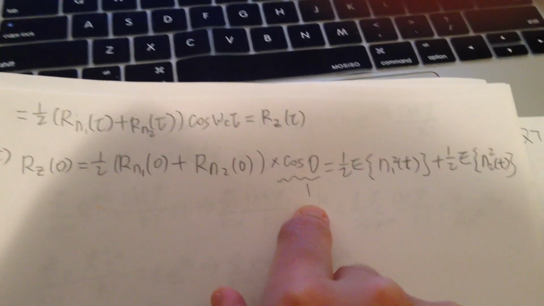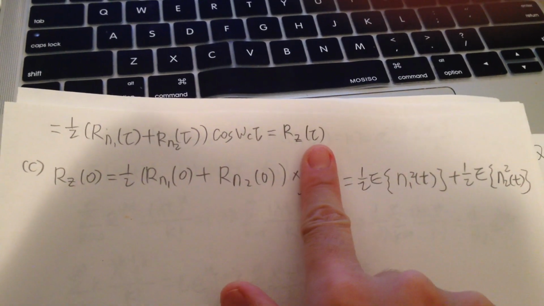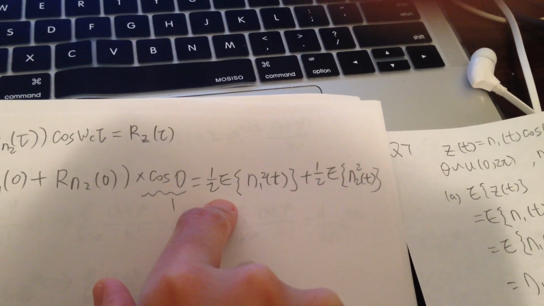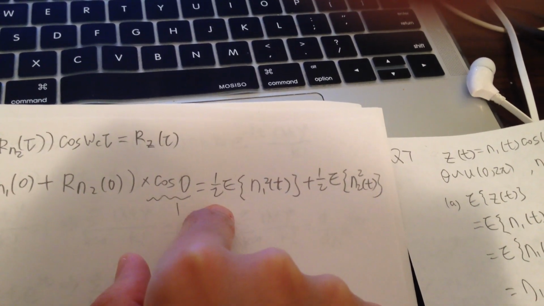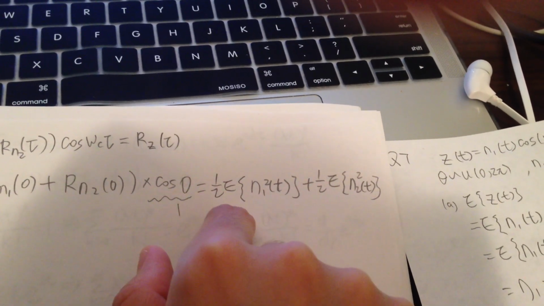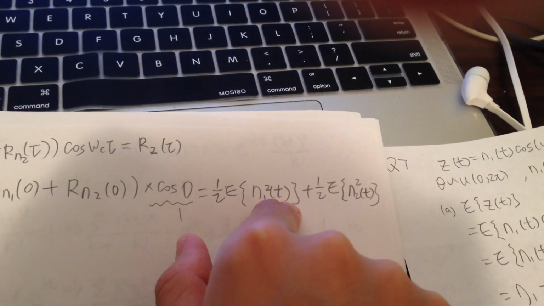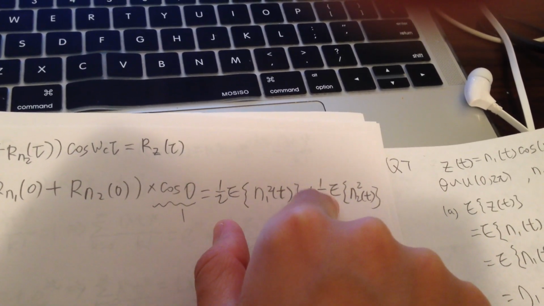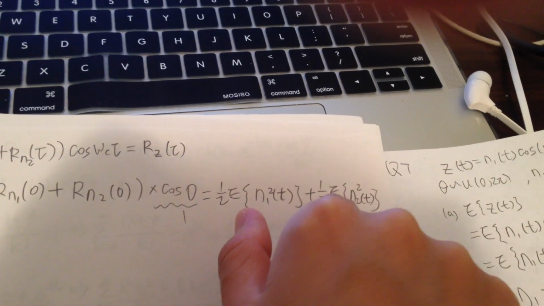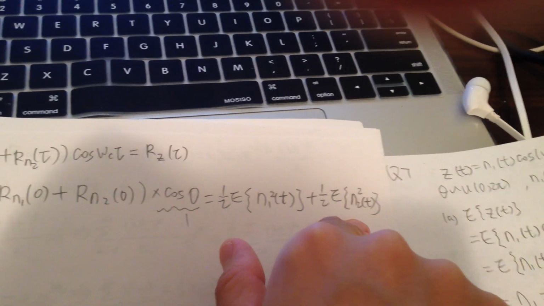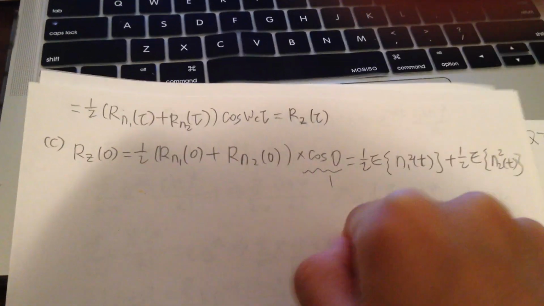Since cosine 0 equals 1, we can ignore this part. And the final answer for the third part is 1 over 2 times the expectation of N1 squared(t) plus 1 over 2 times the expectation of N2 squared(t). So this is the answer for part C. Thank you.